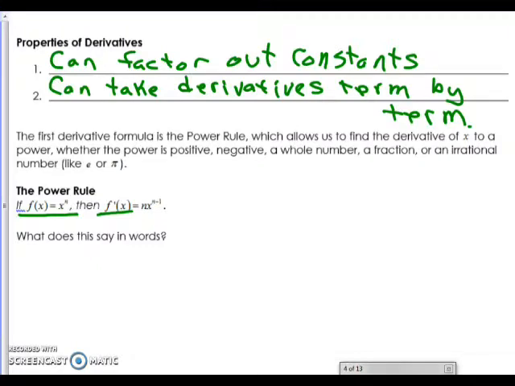What does it say in words? Well, to get from this first one to the second one, all you do is take the n out front. So you multiply the exponent by the leading coefficient.